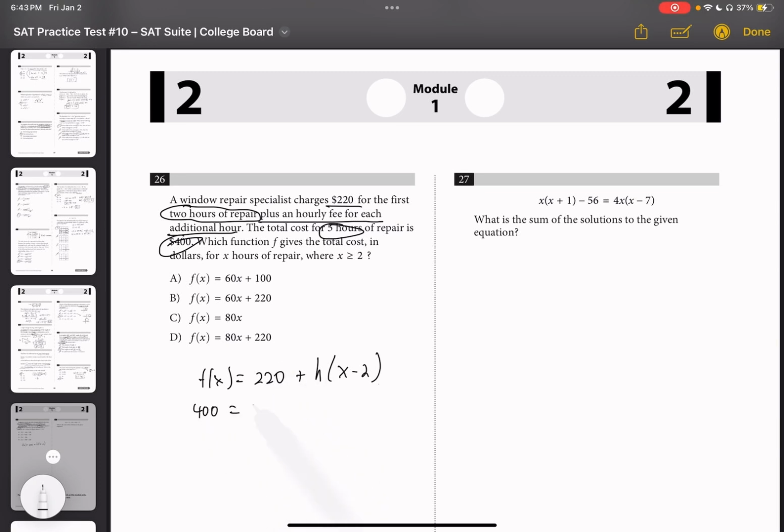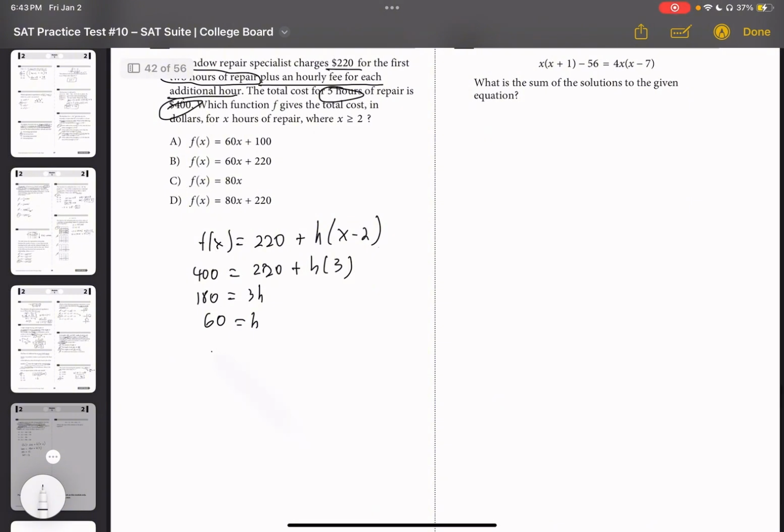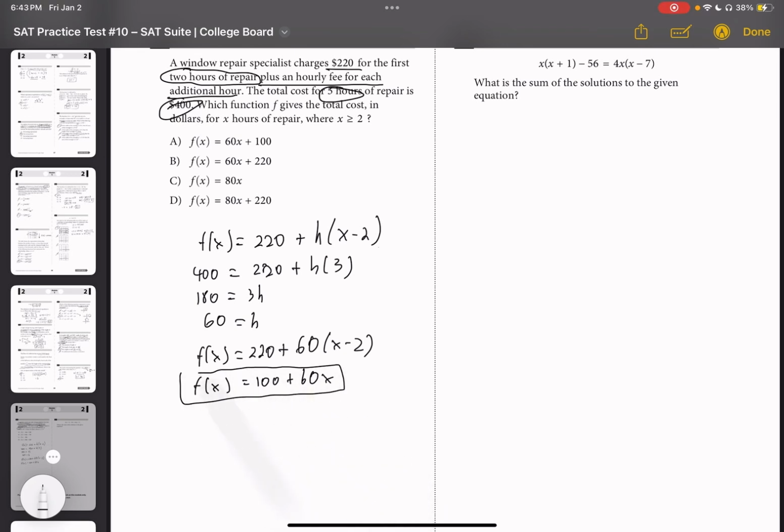So plugging in 400, which we're given, 5 minus 2 is 3, we get 180 is equal to 3h, so the hourly rate is going to be equal to 60. So we get f of x is equal to 220 plus 60 times x minus 2. And this is going to give us 60 times negative 2, which is negative 120, so 100 plus 60x. Now, looking at our answer choices, we have answer choice A, which matches that exactly.